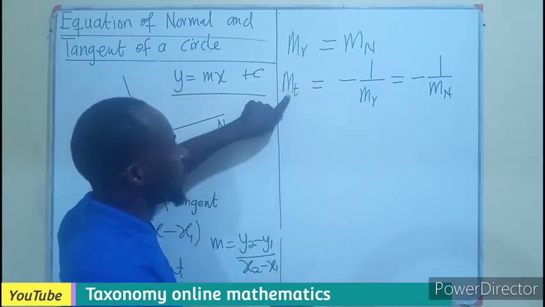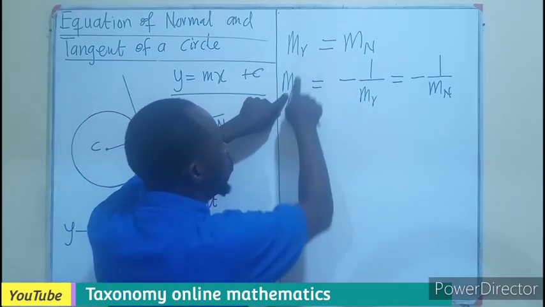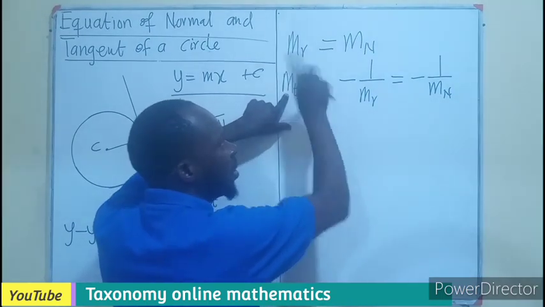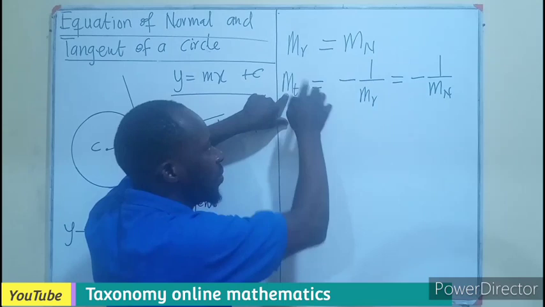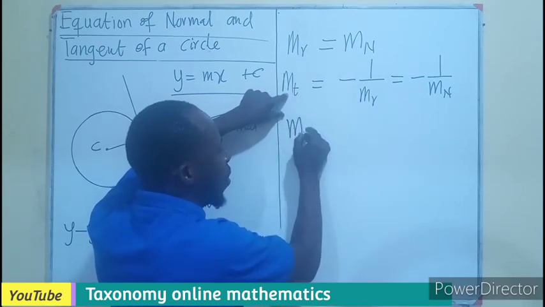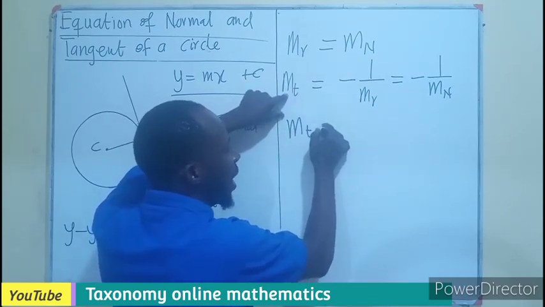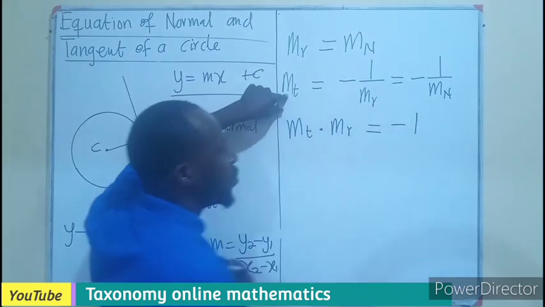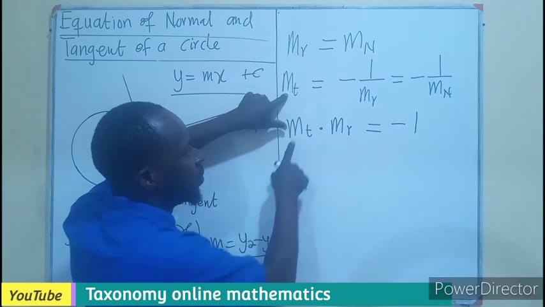So you can see, if I multiply these two, which is going to be this times what? The gradient of t times the gradient of r gives us what? A negative one. What is the gradient of t?